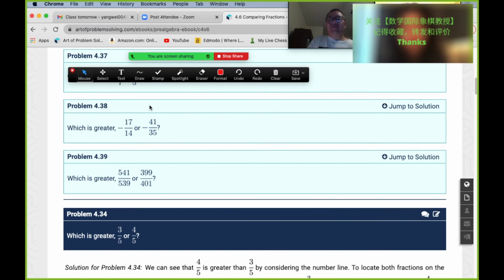That's not enough reason. You can do this, convert each one to an improper fraction. Can you write this one as a mixed number? Also write this one as a mixed number. Can you write these two as mixed numbers? I don't remember mixed number.